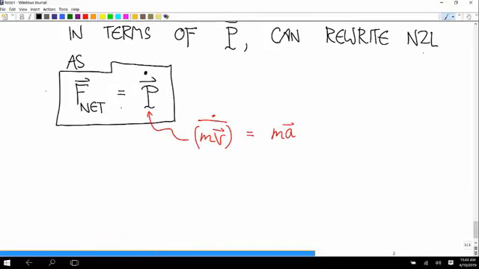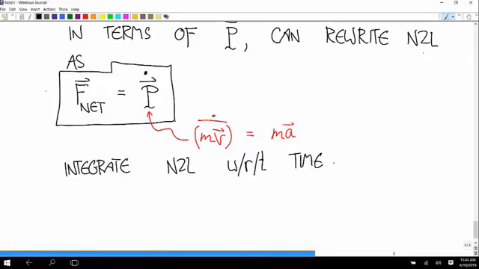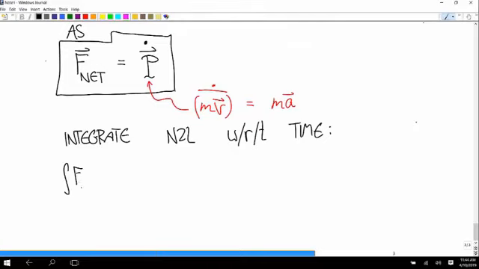But so if you integrate both sides of Newton's second law with respect to time, you get the integral of F net over whatever time interval you're dealing with, we'll call that time 1 to time 2, is equal to the integral from time 1 to time 2 of dp/dt with respect to time.